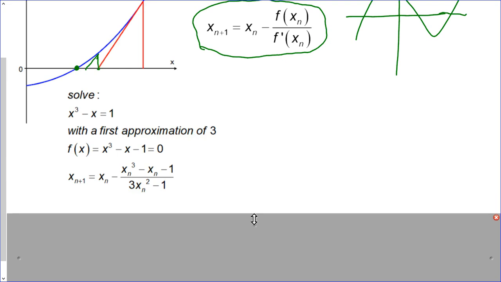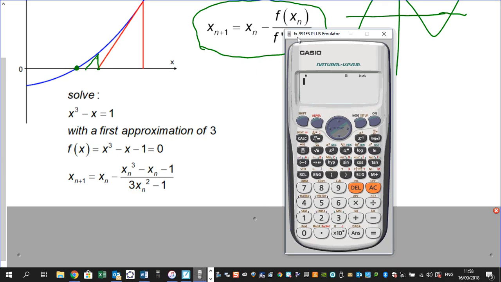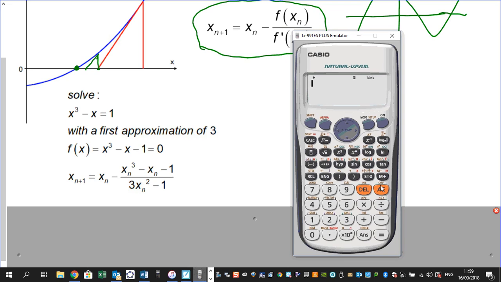Right. Okay, and now we're ready to iterate, and this is reasonably cool. So we just bring our Casio calculator in here, and we're going to start off with 3 as an answer. So we say 3 equals. What that does is it puts the value of 3 into the calculator's memory, which is called Answer. Now I type in my formula, but I don't use the number 3. I use the value Answer.